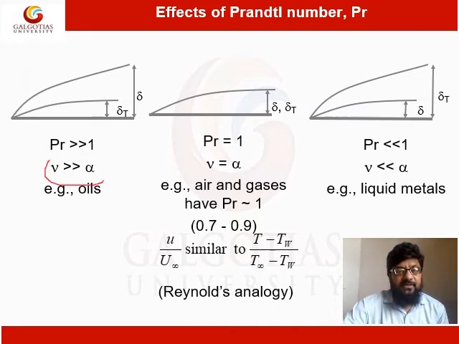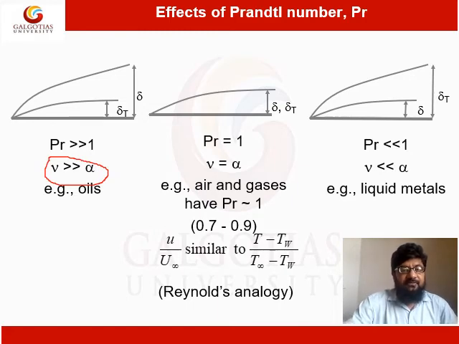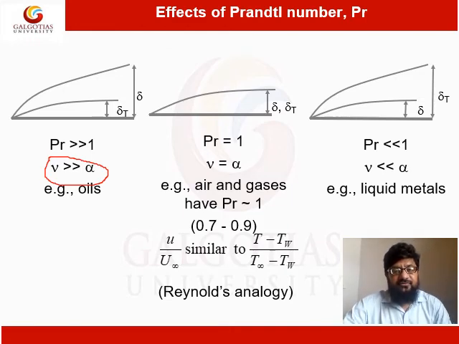If the Prandtl number is very much greater than 1, it means that the kinematic viscosity is much greater than the thermal diffusivity. For example, oils have such a property, in which the kinematic viscosity is much greater than the thermal diffusivity.